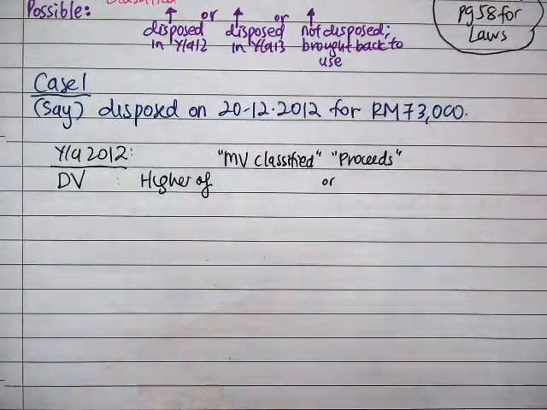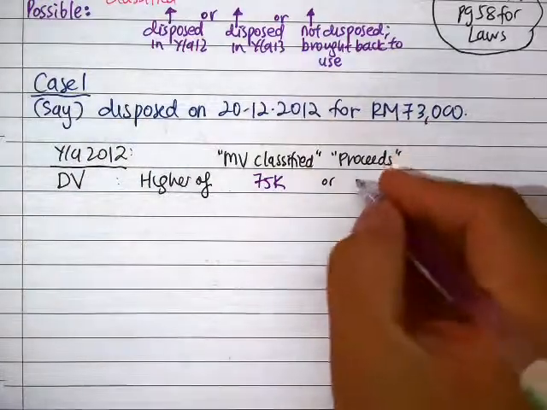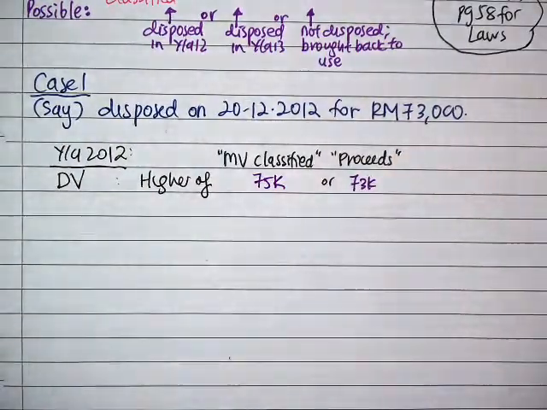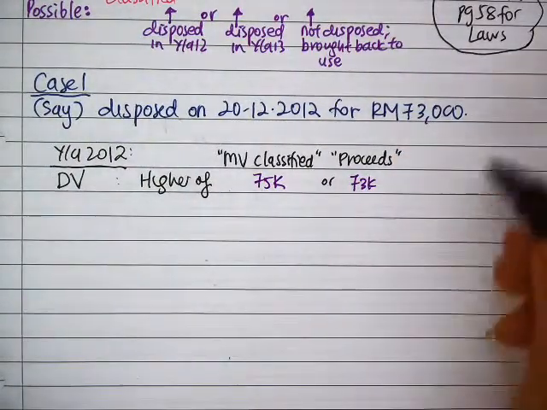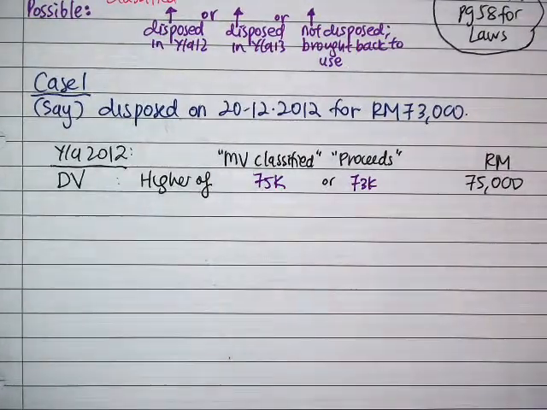So classified that time is 75. Disposed 73. So there's the net proceed. So the higher must be 75. So it's about choosing the right value only. Understand? Okay, so that's the DV.